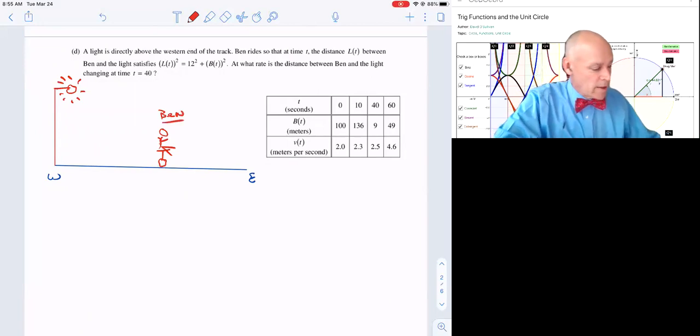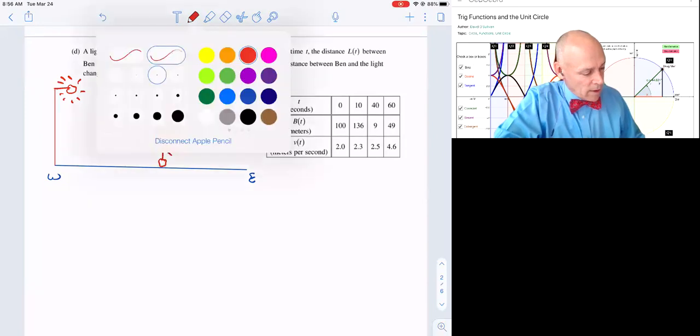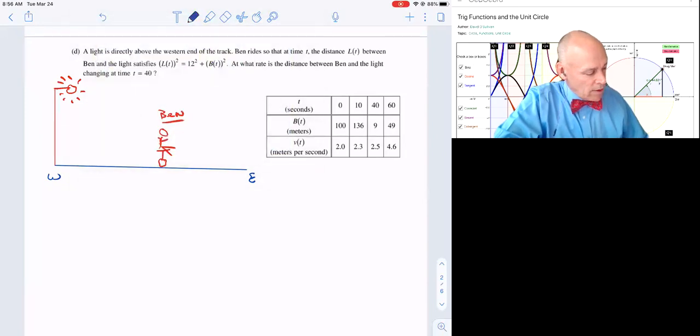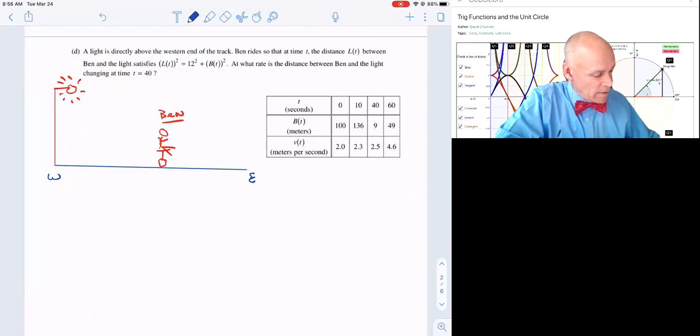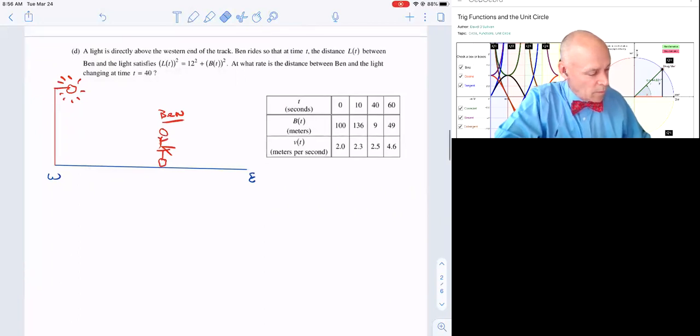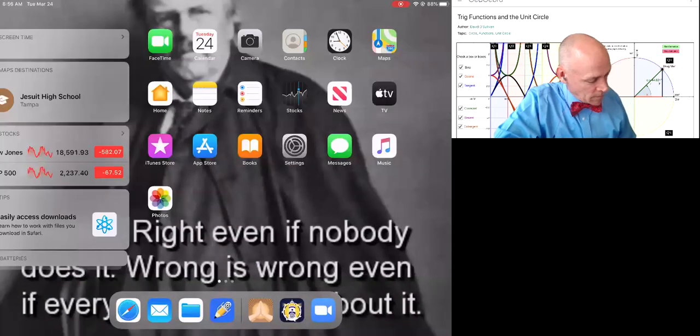Okay, so Ben's riding his unicycle back and forth on his track. And we're saying the distance L at T between Ben and the light. Okay, so I'm going to kind of draw this, and we're going to say, all right, Ben, move my light just a little bit. So here's the light. Holy mackerel.